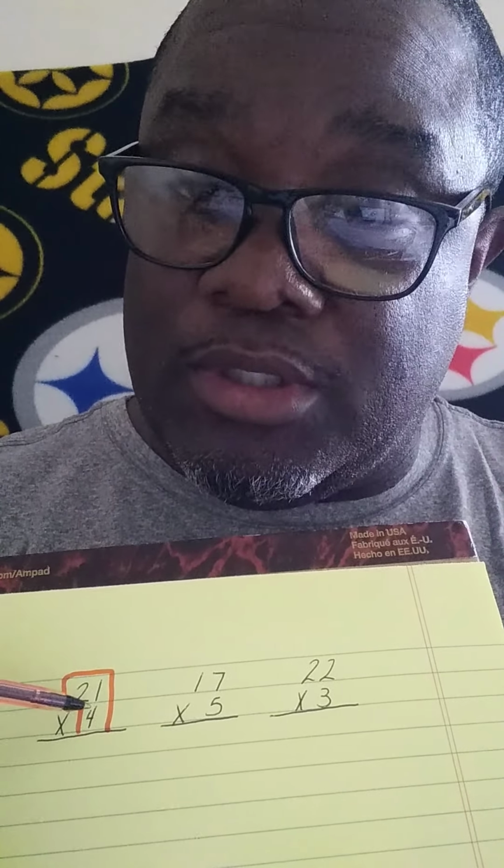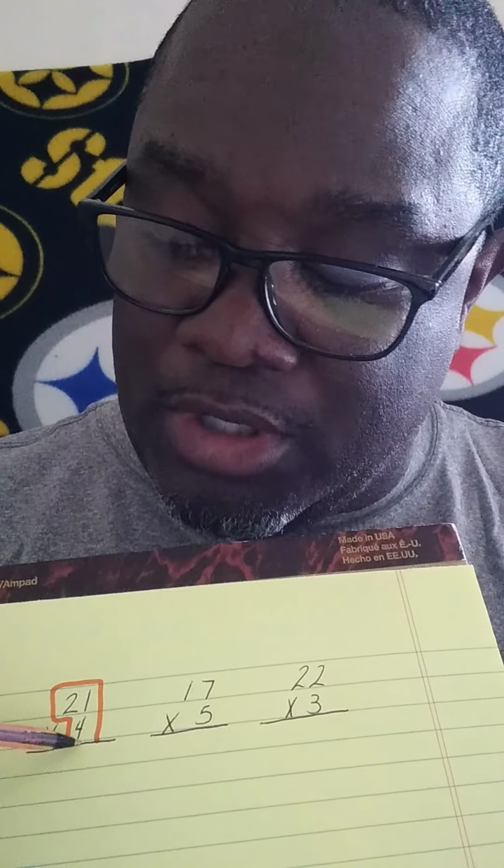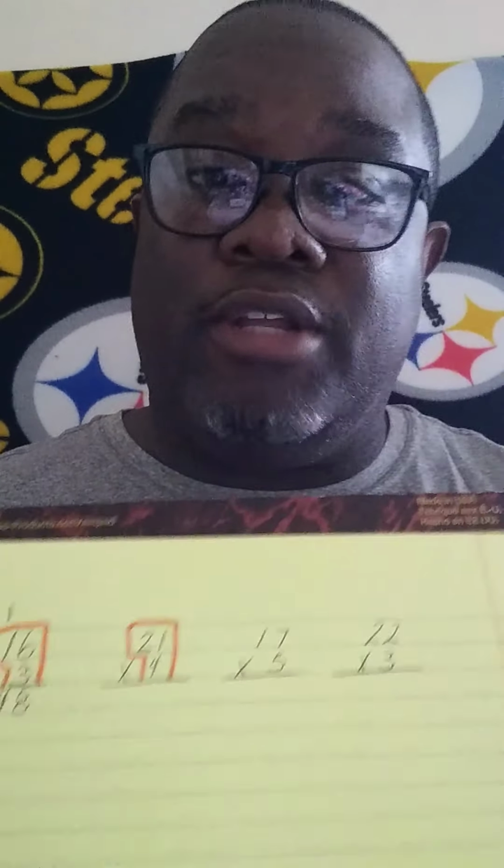So 4 times 1 equals 4. I'm going to put my 4 down here underneath the 4. So your paper should look like mine. Since, as I said in the previous problem, we know we have to multiply the 4 by both numbers, next we slide over and take 4 times 2, which we had on the first day of our fact fluency.